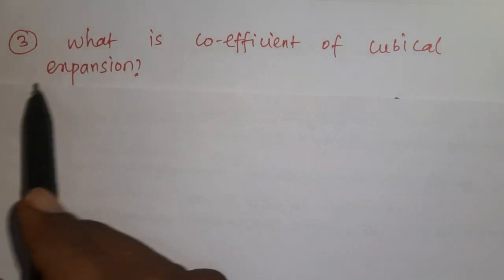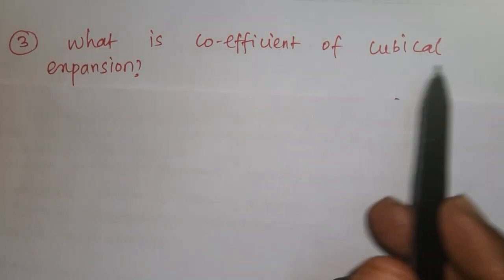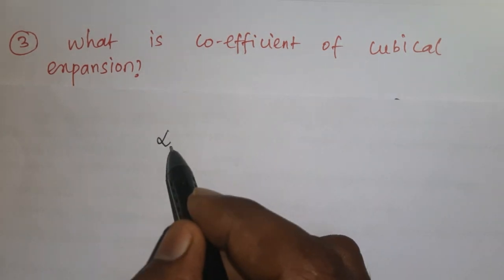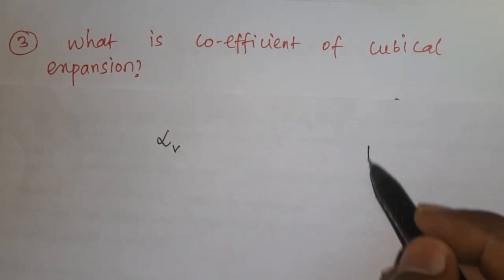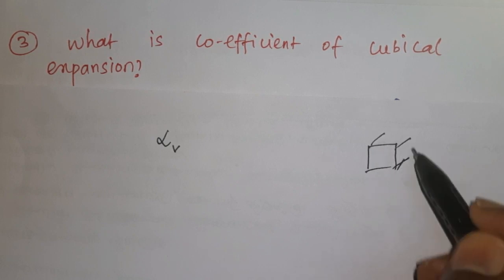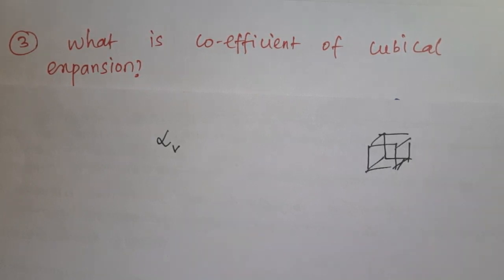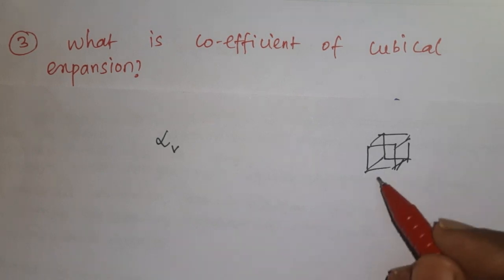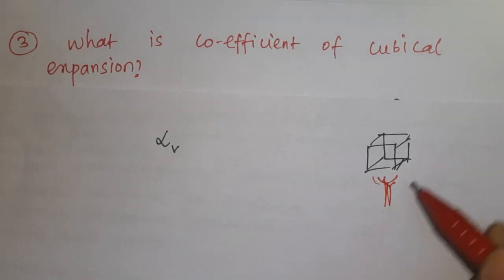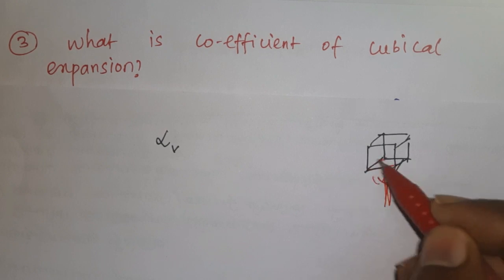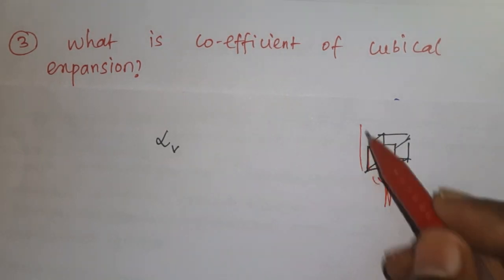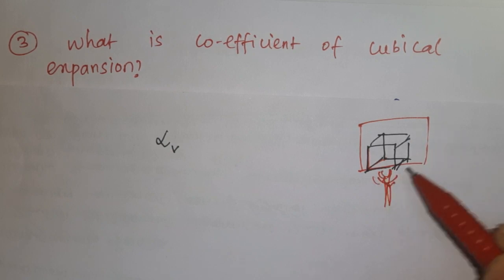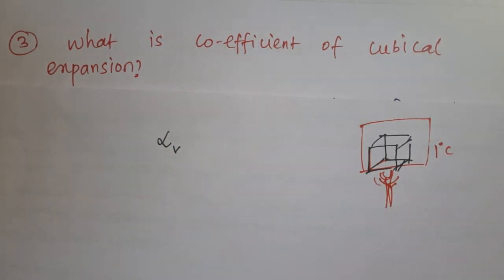Question number 3. What is the coefficient of cubical expansion? The coefficient of cubical expansion is denoted by alpha V. This is an object or body. If you apply heat to this body, it expands in length, breadth and height. So it is going to expand in the 3 dimensions for 1 degree Celsius.